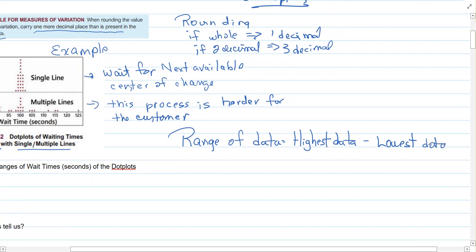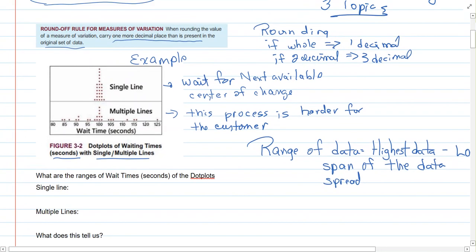And what this gives us is a span, or spread, of the data. How wide it is, how short it is, and we can tell from the single line that the span is not much there. But here, oh my goodness, it goes from 85 to 125 seconds.